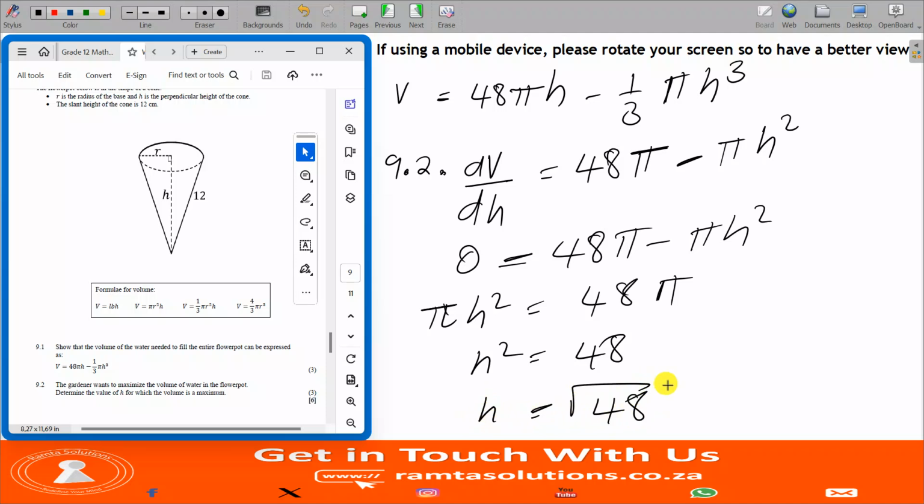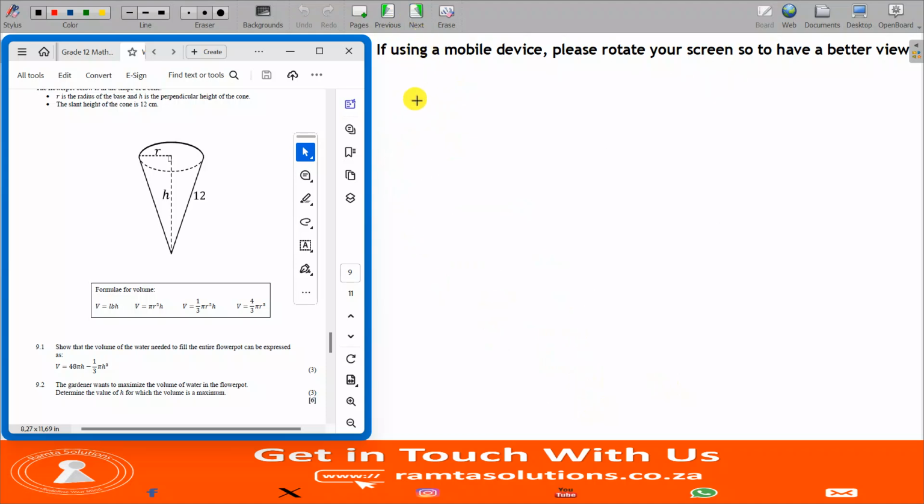Now, what is the square root of 48? The square root of 48 is 6.93. h is equal to 6.93, in centimeters. They said determine the value of h for which the volume is a maximum. The volume is a maximum when h is 6.93.